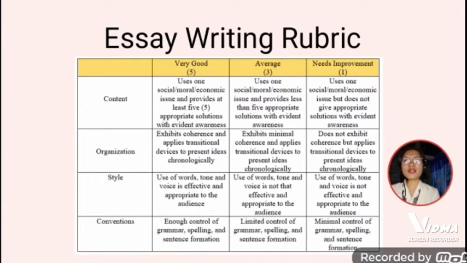And then 3 points if you choose one particular issue but you provided less than 5 appropriate solutions with evident awareness. And 1 point if you choose one particular issue but do not give appropriate solutions with evident awareness. And then for the organization, 5 points if you exhibited coherence and applied transitional devices to present your ideas chronologically in your paper.